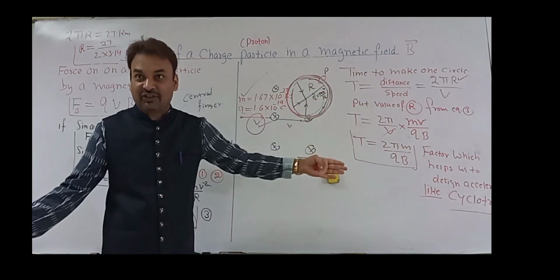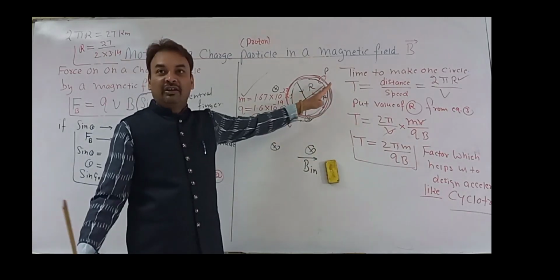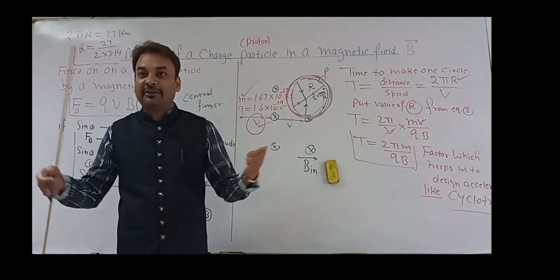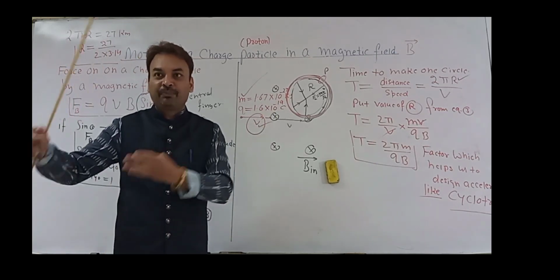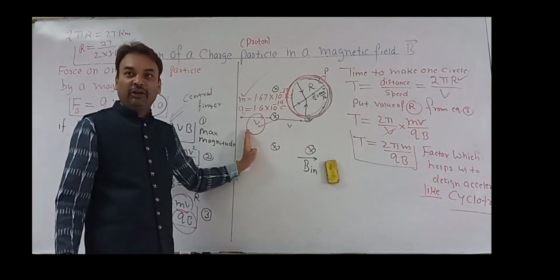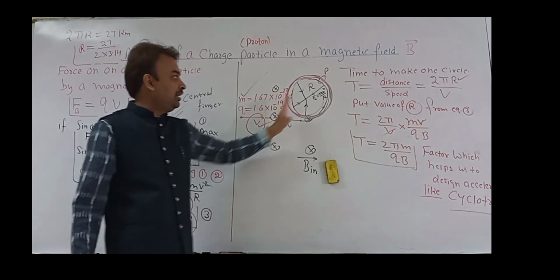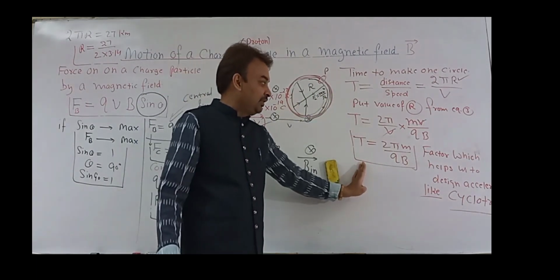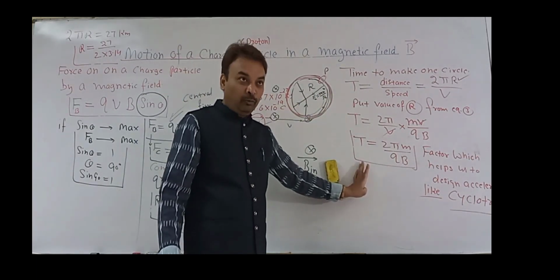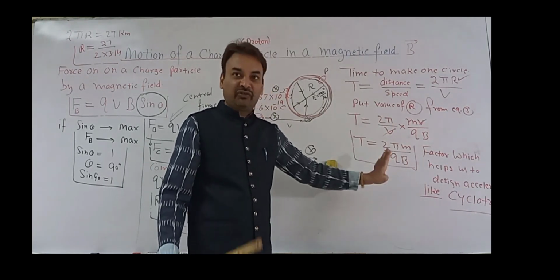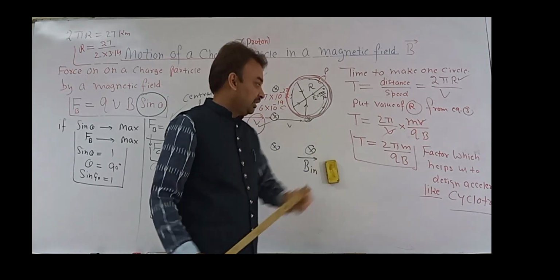Very strange. You see, in our classical world, the time is decided by the speed. The higher the speed you have, the lesser time you have, right? But here, if the speed is high or low, that doesn't change the time. So this is the formula which helps the scientists or the engineers to make the particle accelerator, right?